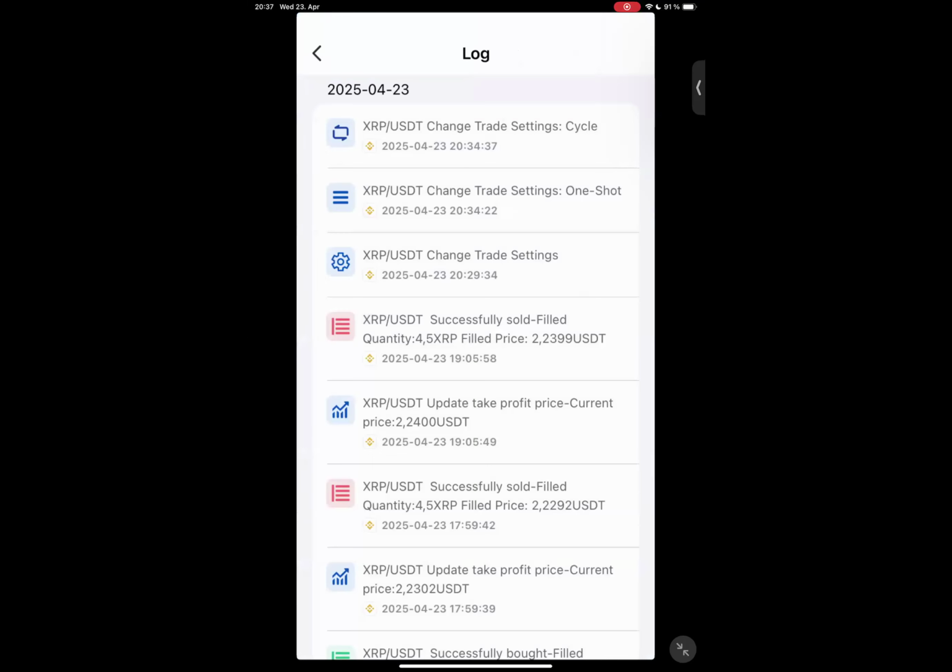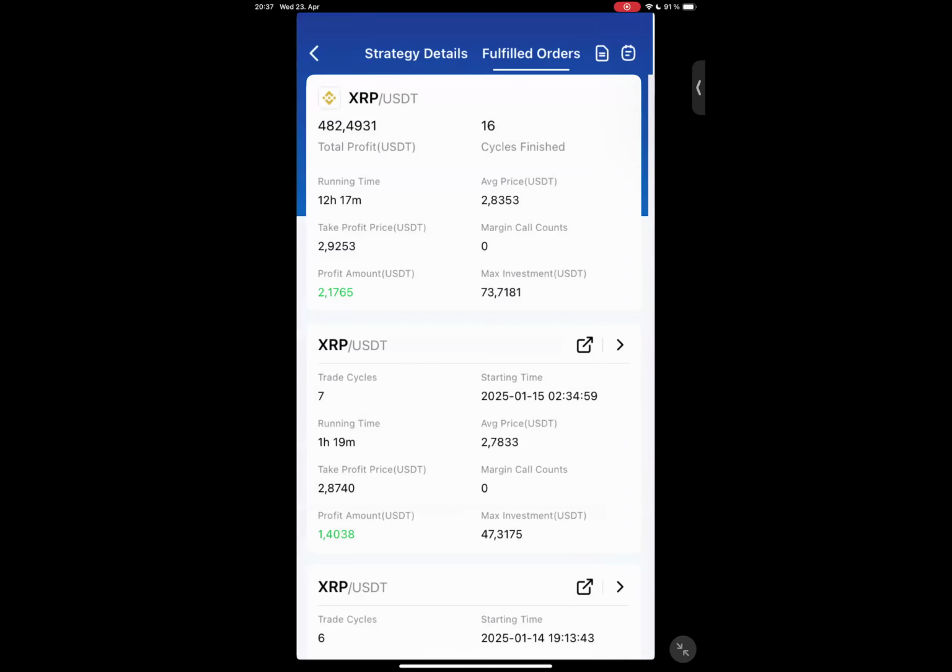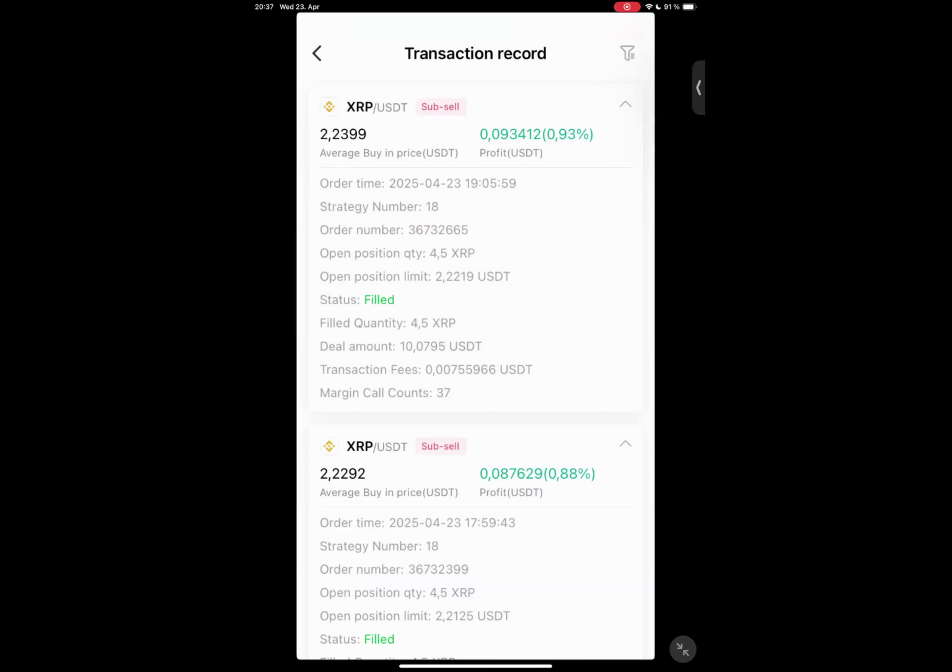Let's go to log. So under the log, whatever you do on the coin, you will be able to see it on the log. Okay, if you edited the trade settings or you did something, everything has been reported under the log. Now let's go to transaction record.